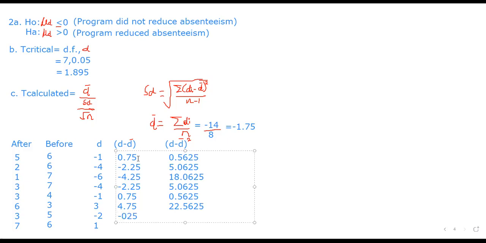Negative 2.5, confirm it. You square it, you get 0.0625. This one is 2.75. 2.75 squared, you get 7.5625.